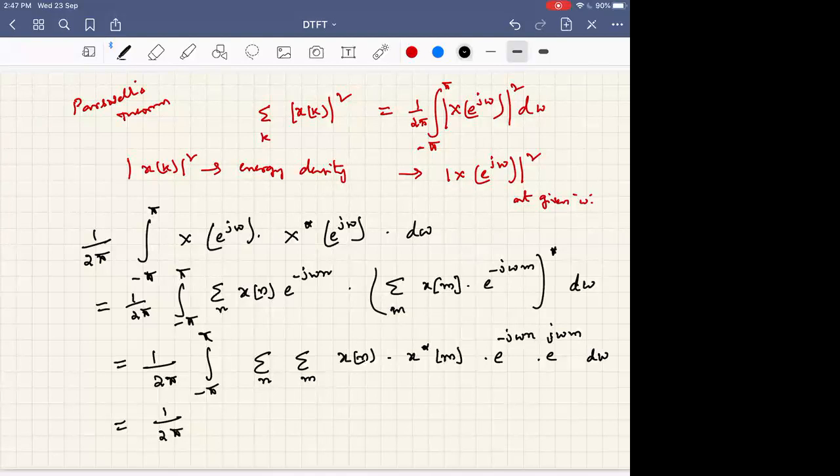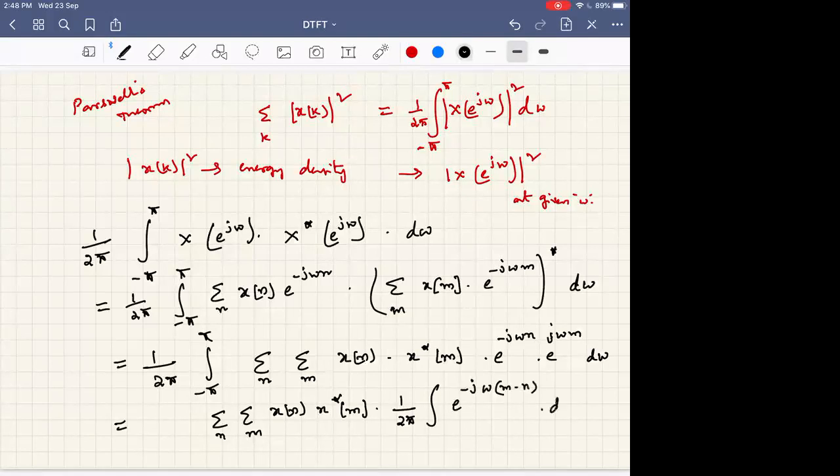Omega. So summation over n, x of n, x star of m, into the integral. We can even take the 1 by 2 pi here: 1 by 2 pi integral of e power minus j omega (m minus n) d omega. Can I write like this or not?